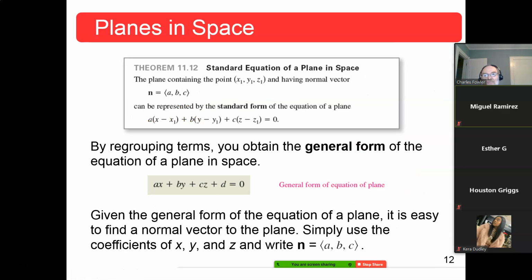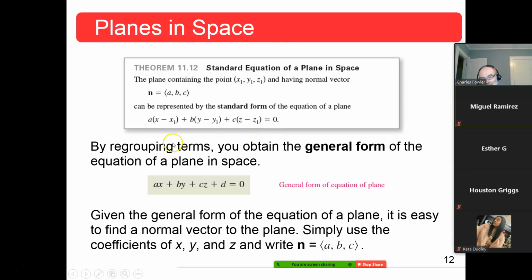Okay. So here's theorem 11.12, the standard equation for a plane in space. A plane consisting of the point X1, Y1, Z1, just a point in the plane and having a normal vector a comma b comma c, okay, vector components, can be expressed by the standard form of the equation of a plane, a times x minus x1 plus b times y minus y1 plus c times z minus z1 is equal to 0.